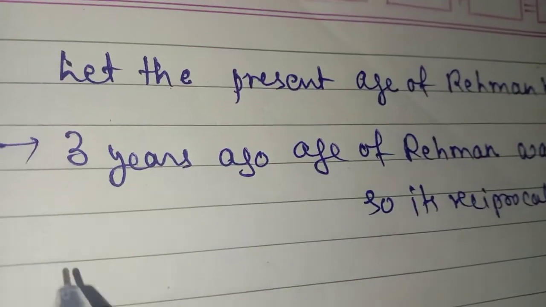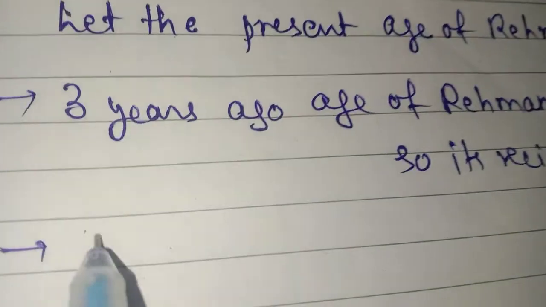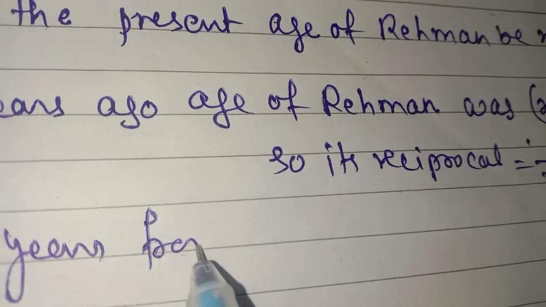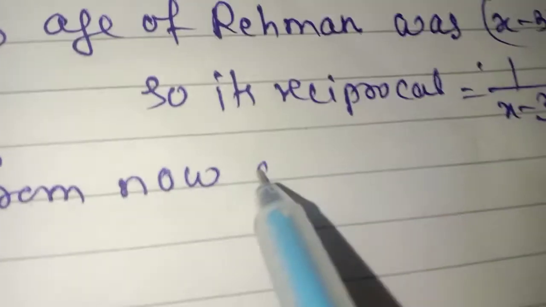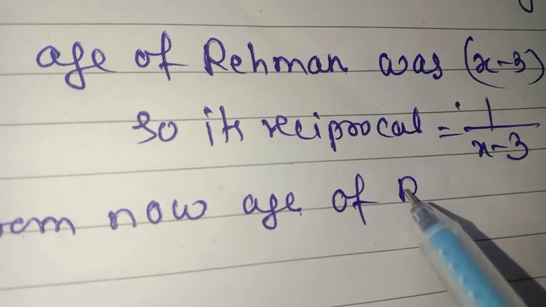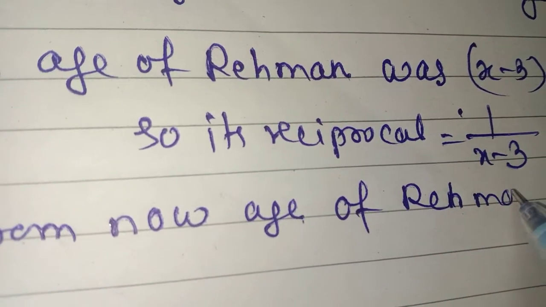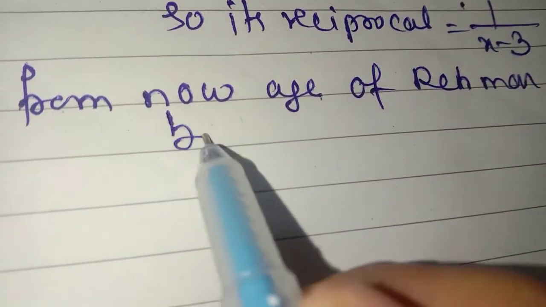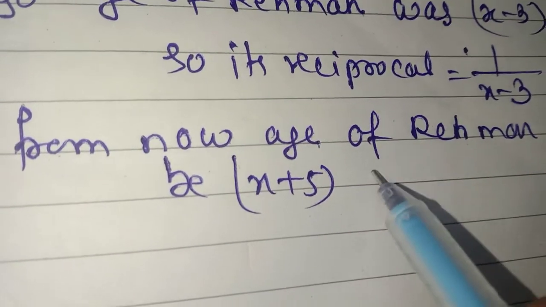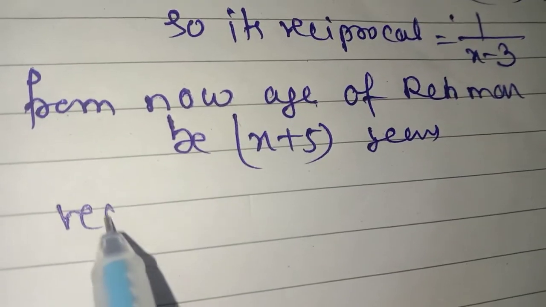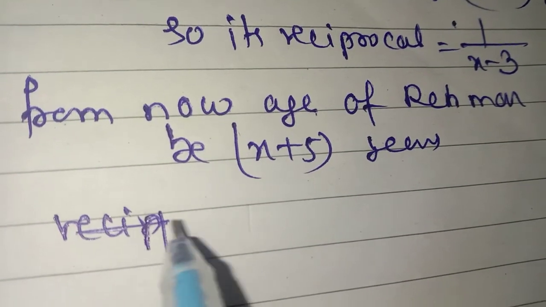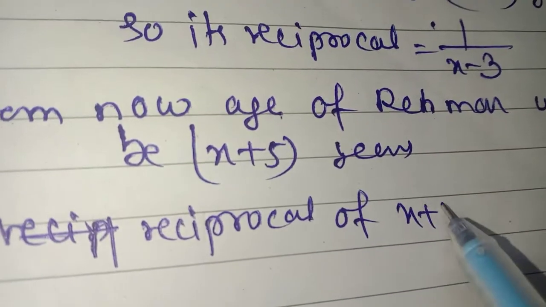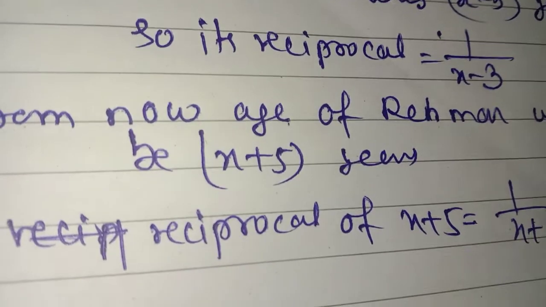Then 5 years from now, the age of Rahman will be x plus 5 years, so the reciprocal of x plus 5 will be 1 upon x plus 5.